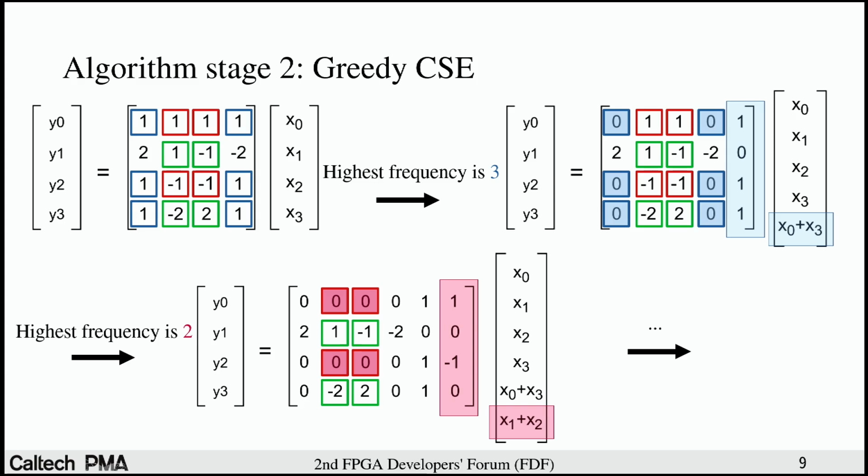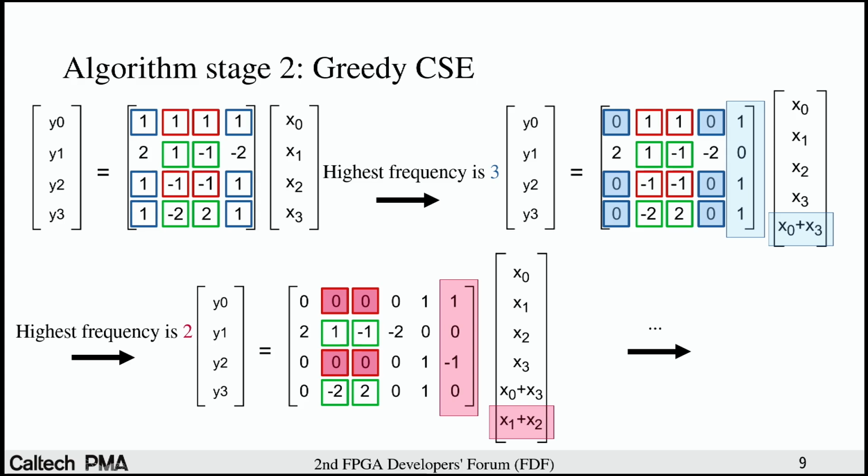So here you can see that there are basically 3 common sub-expressions. The first one being x0 plus x3, and there's x1 and x2 plus or minus. Both of them have a frequency of 2. So starting from the one with the highest frequency, we just implement it by adding x4 equals x0 plus x3. That is one adder, and you remove the 3 required adders by this pre-computed result, and you just iterate.